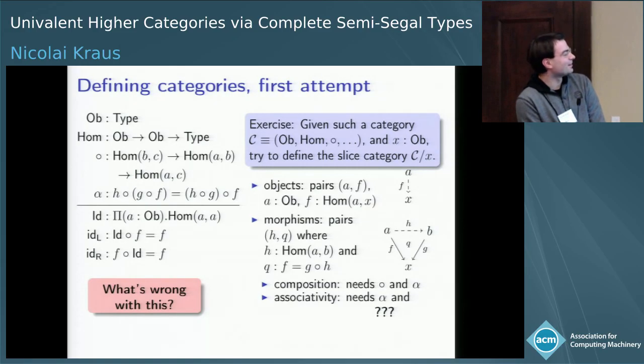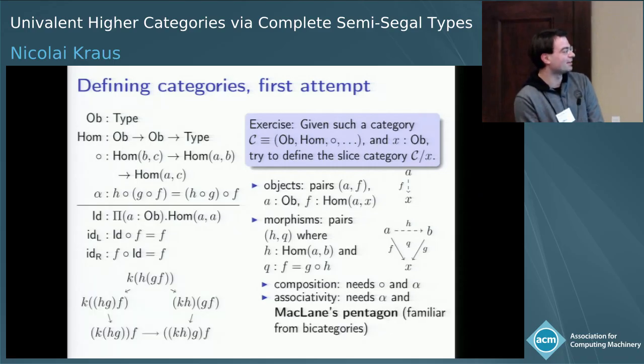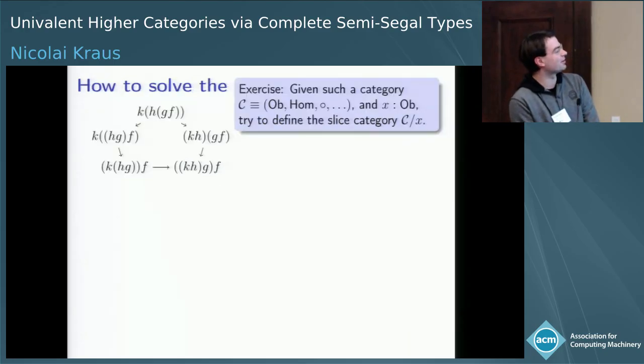So what you need is that this associativity equality somehow is coherent. And if you look at it, it's actually not so surprising that what you need is this usual pentagon equality, right? This is familiar from the theory of bicategories. I have it again on the next slide.